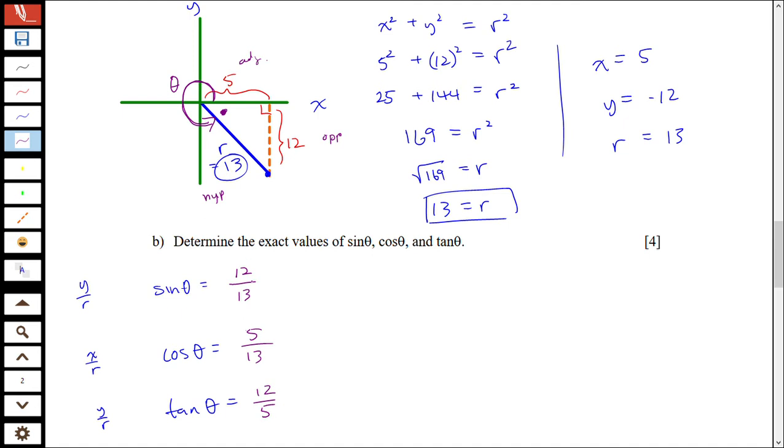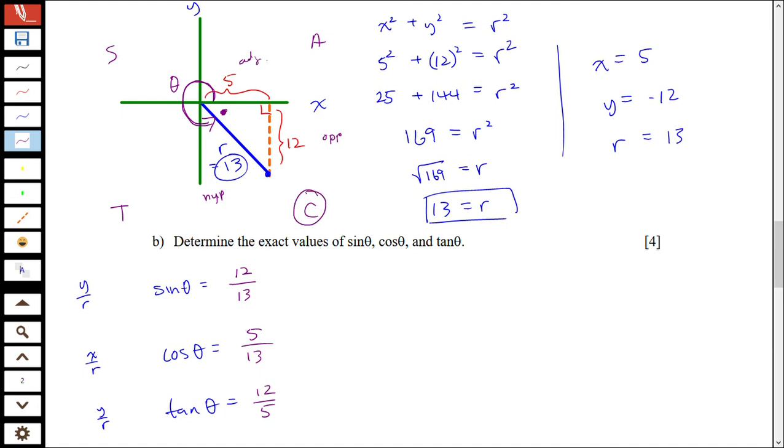Okay, but we're not done yet, because if you, like me, use a positive value of 12, then we have to make the negative sign adjustments, because remember, this is in the C quadrant of the CAST rule. So if I write down the CAST rule on the quadrants, it's going to be in the C quadrant, aka the fourth quadrant.